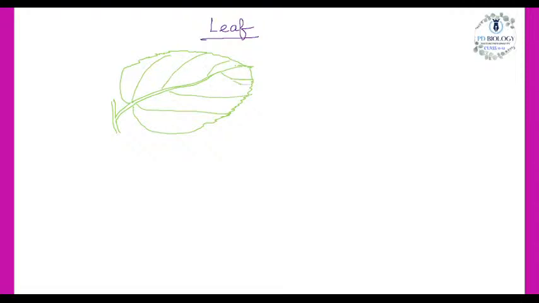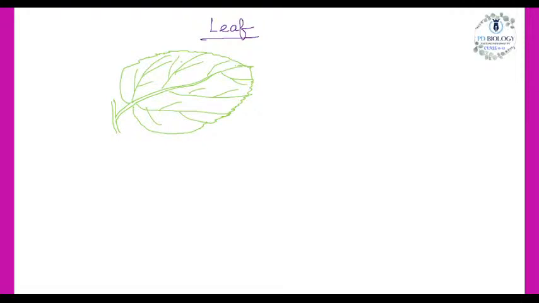What are the different parts of a typical leaf? Draw the diagram, which will make the concept of the parts clear.